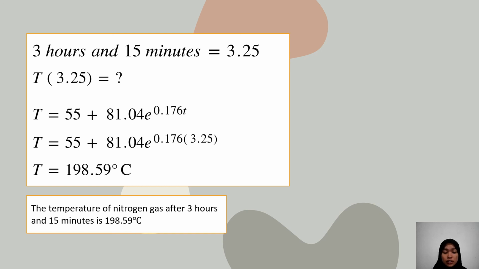So we can substitute it into the equation that we got just now, which is T is equal to 55 plus 81.04 e to the power of 0.176t. And then we can get the value of T, which is 198.59 degrees Celsius. So the temperature of nitrogen gas after 3 hours and 15 minutes is 188.59 degrees Celsius.